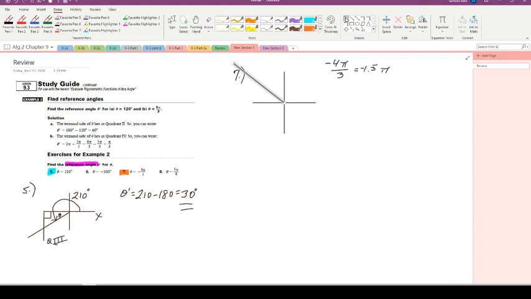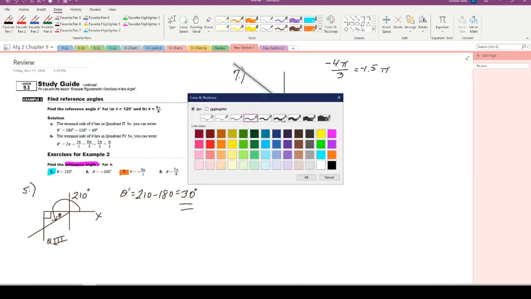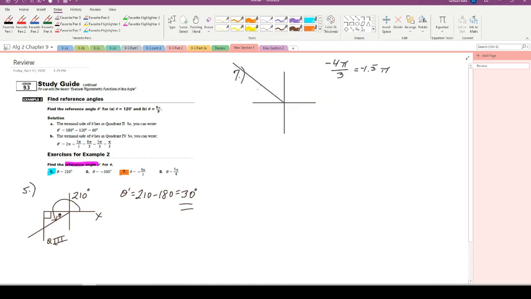And then I'm going to do another line so that I know what I'm doing. I'm going to draw another line, this one straight down like that. Oops, undo that.